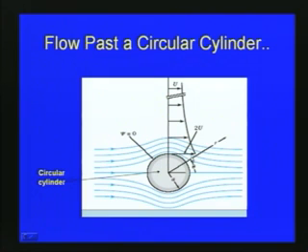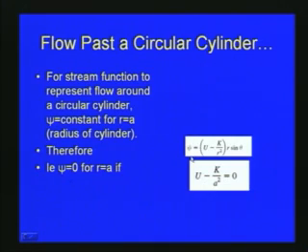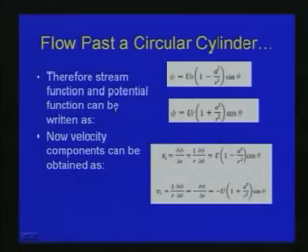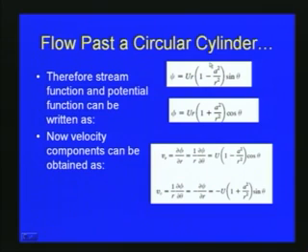So, psi is equal to 0, for r is equal to a, we can define u minus k by a square is equal to 0. Therefore, as far as flow past a circular cylinder is concerned, the stream function and potential function can be written as psi is equal to u r into 1 minus a square by r square, sin theta, and the velocity potential phi is equal to u r into 1 plus a square by r square, cos theta.